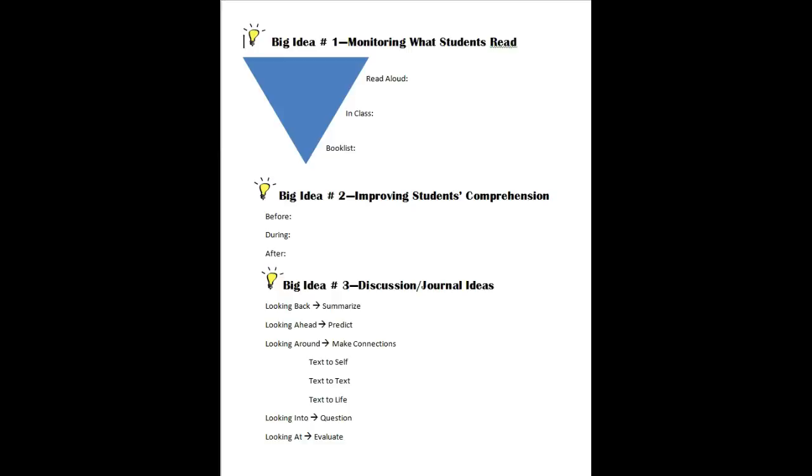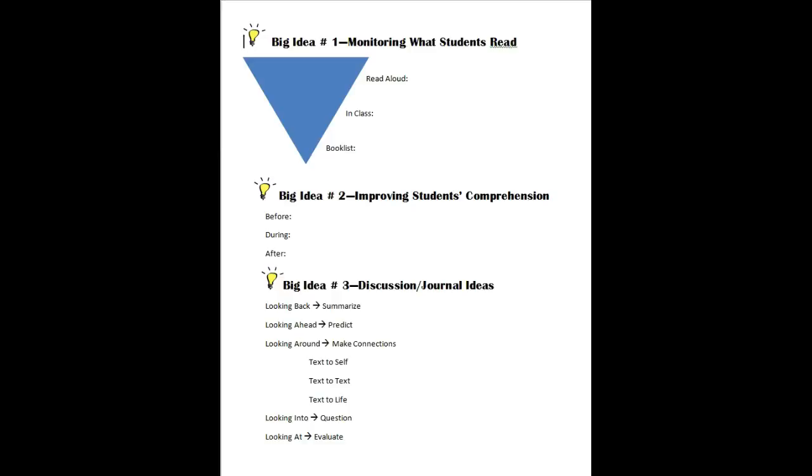So we have 3 big ideas. Monitoring what students read, 3 ways that we use books. Read aloud in class and on a book list. Then there is big idea number 2, improving students' comprehension by having activities or strategies for before reading, during reading, and after reading.